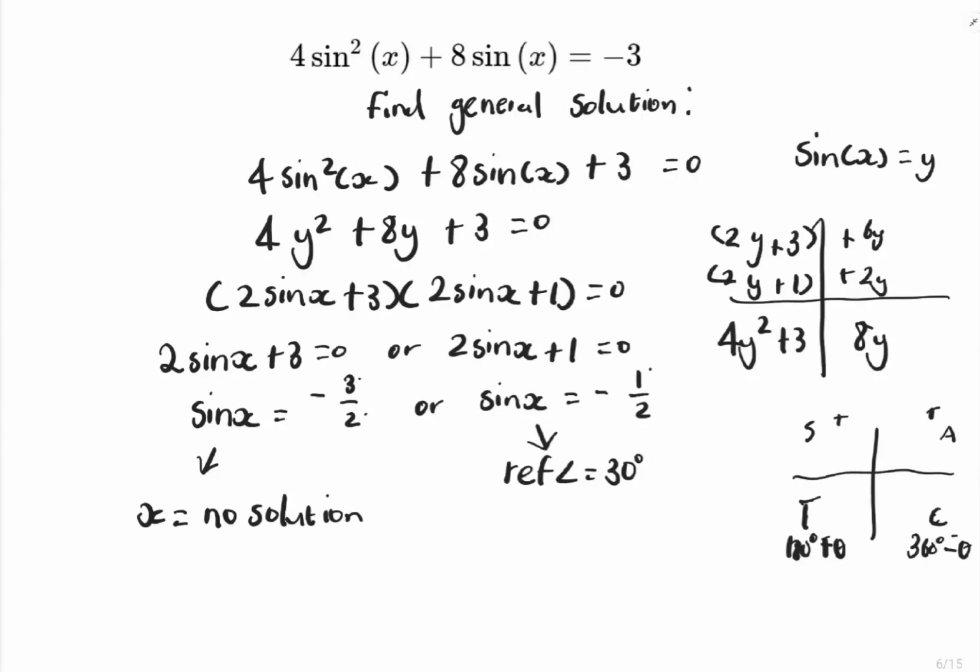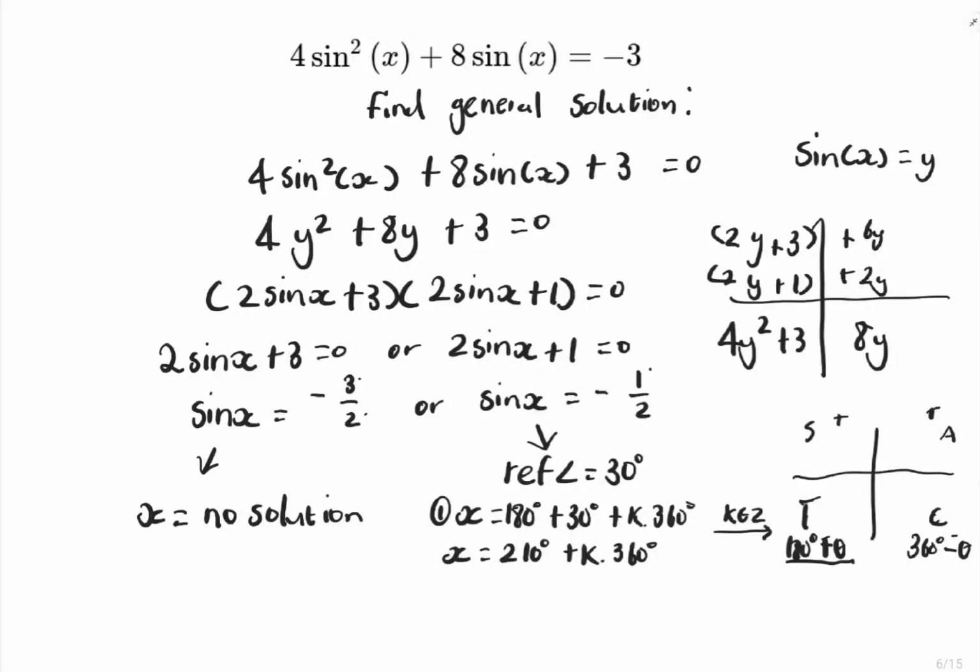So for the first one, let's look at this form. x is going to be equal to 180 degrees plus the reference angle, which is 30, plus k times 360 degrees. Don't forget that, and don't forget to state that k is an element of Z. So x is going to be 210 degrees plus k times 360 degrees.